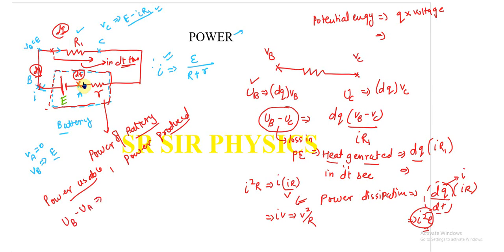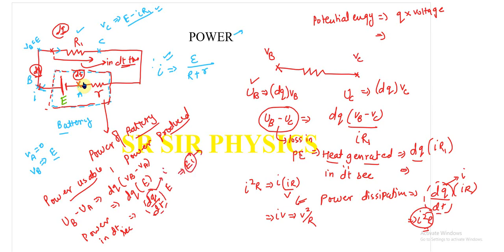And UB minus UA becomes dq into VB minus VA, which becomes dq into E. And for power, in dt seconds, let us divide this whole equation by dt, so dq by dt becomes I. So this is EI, and this EI is actually the power produced by the battery. Listen here, this is very important. Power produced by the battery in reality is this.